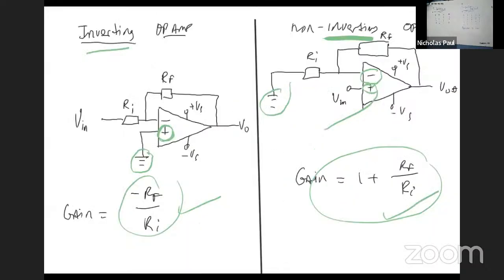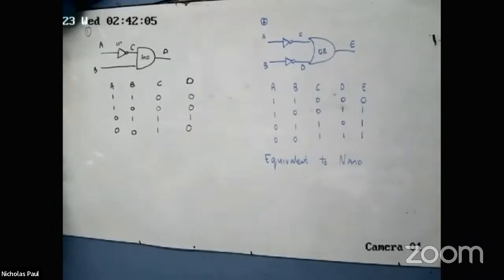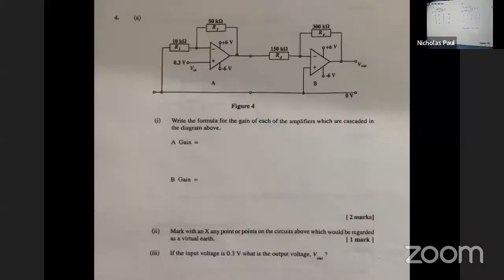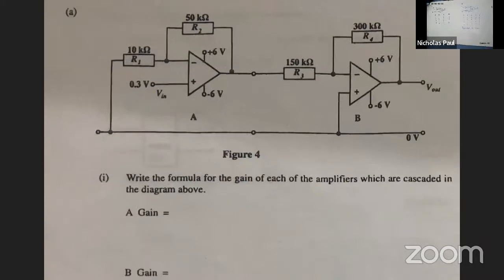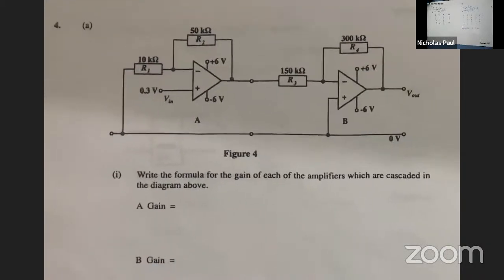You'll see this here online. It's a little dark, but that's the first part. Try the first part: find gain A and find gain B.